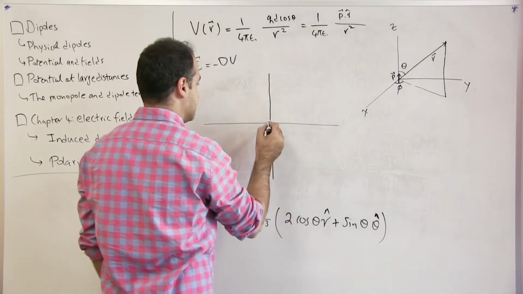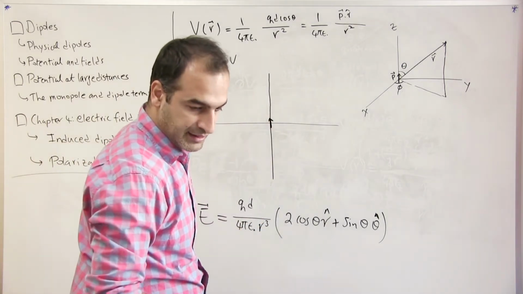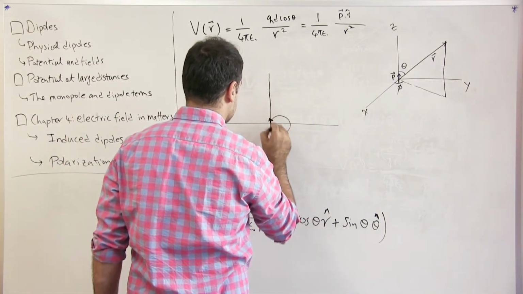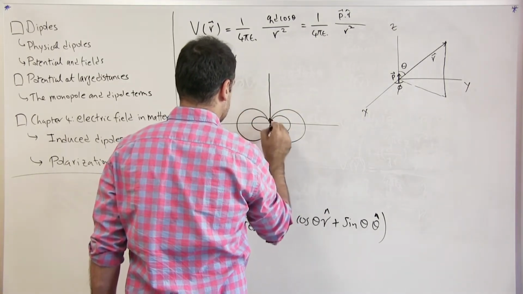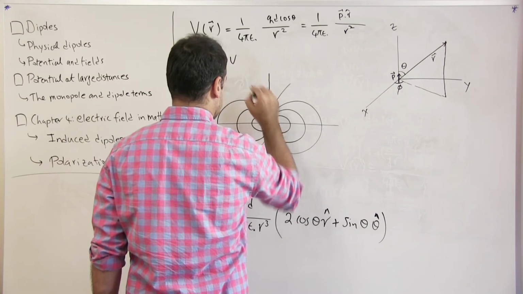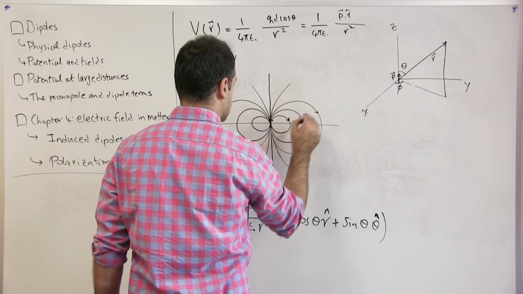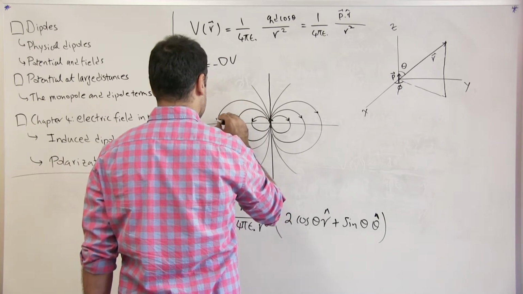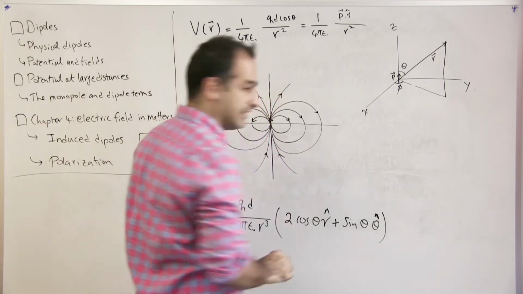Imagine the dipole is sitting here, the positive charge is up, and the field lines look like this.